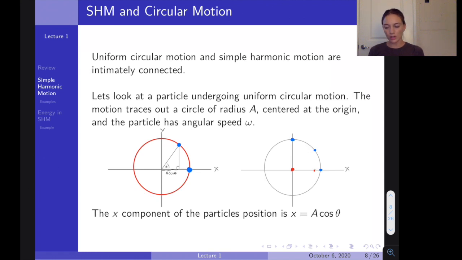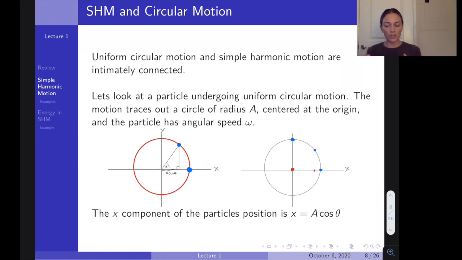And we said that uniform circular motion and simple harmonic motion are very, very closely connected and kind of the same thing. And this is why. It's because when you take the x component of the position of a particle that's undergoing uniform circular motion, the x component of that position is displaying simple harmonic motion.